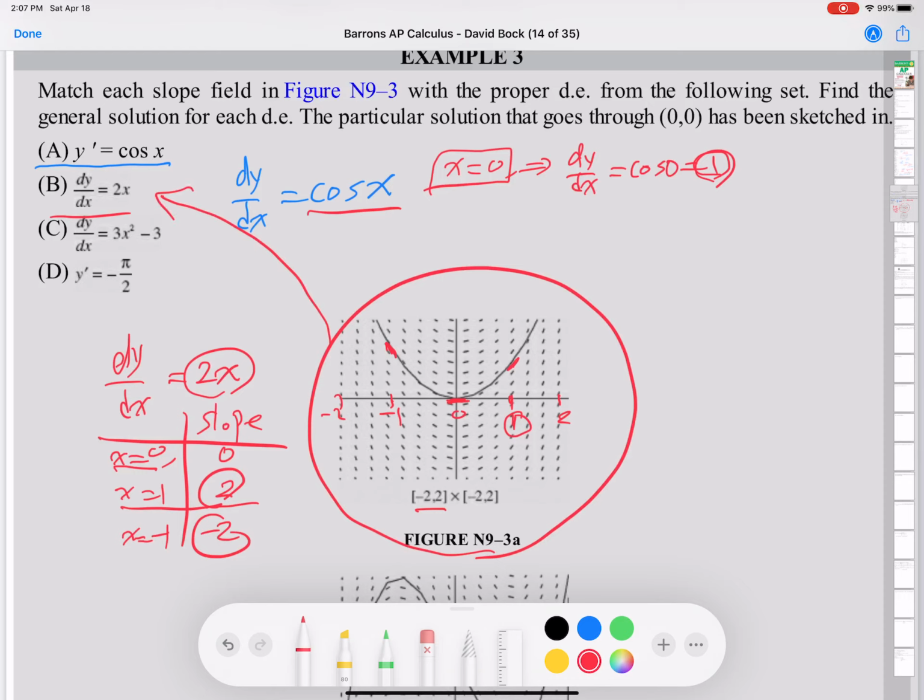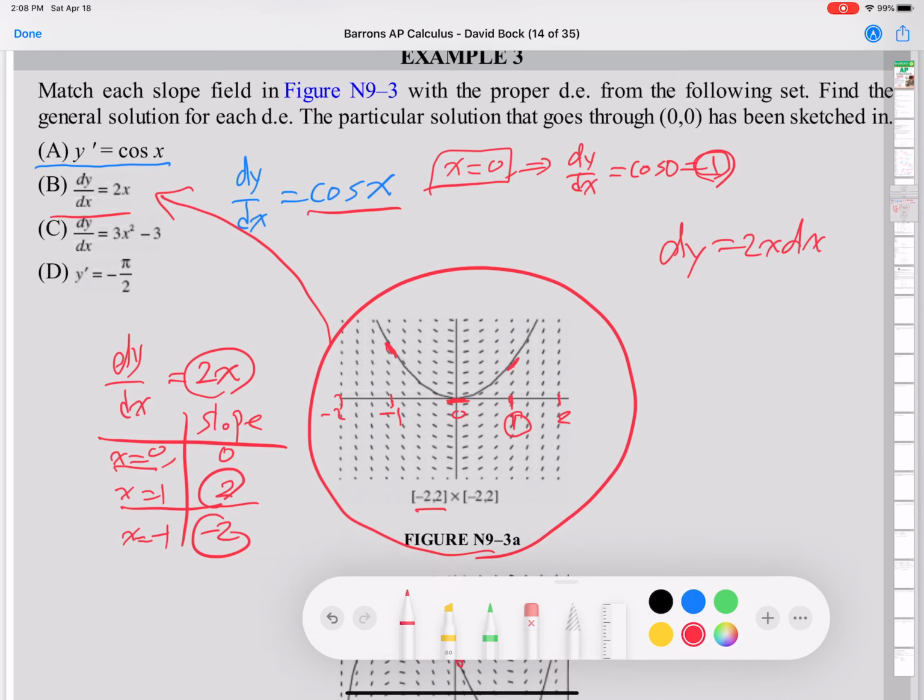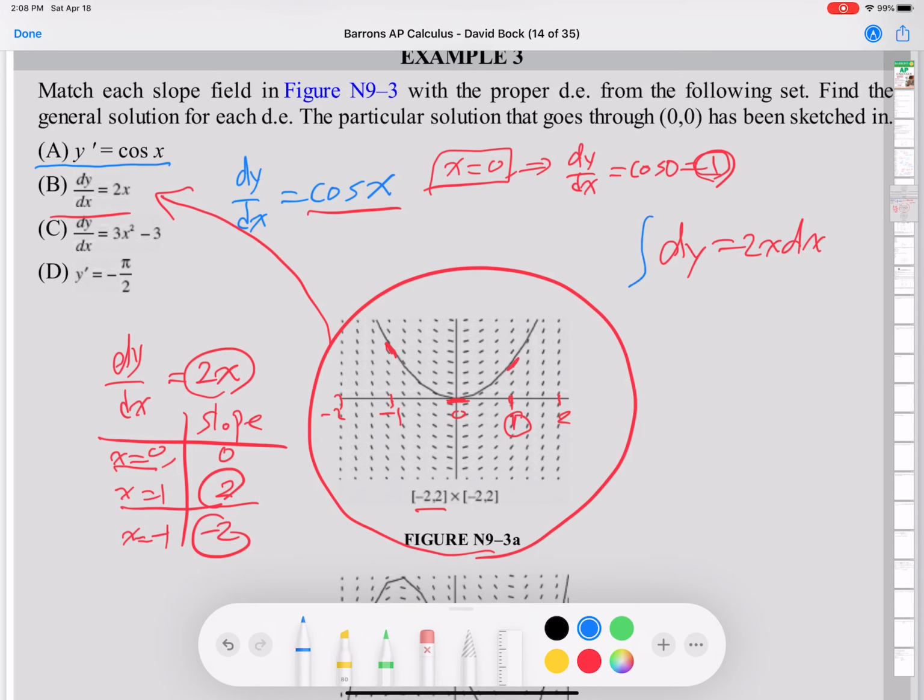You can solve that differential equation to find the graph. Since dy over dx is 2x, dy equals 2x dx. Then take the integral, just to check the answers. The integral of 1 dy is y, equals the integral of 2x, x squared plus c, right?